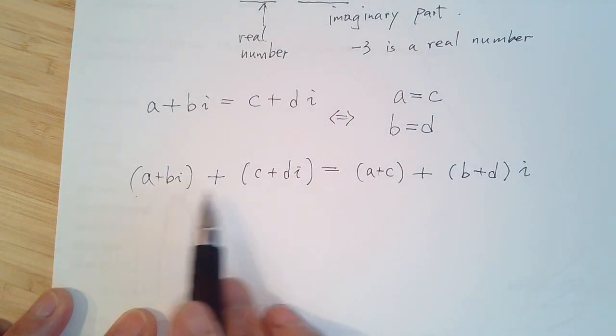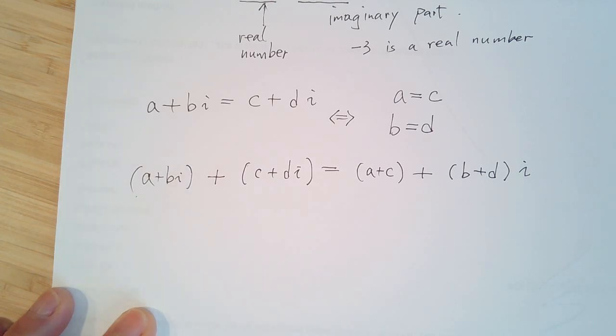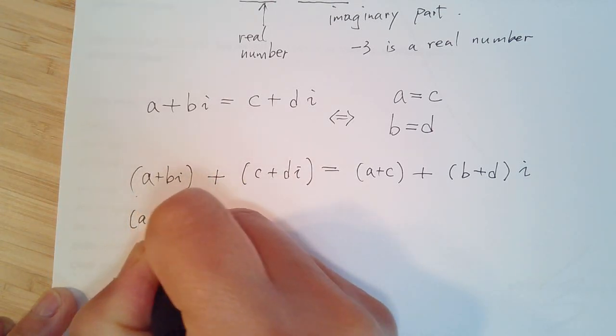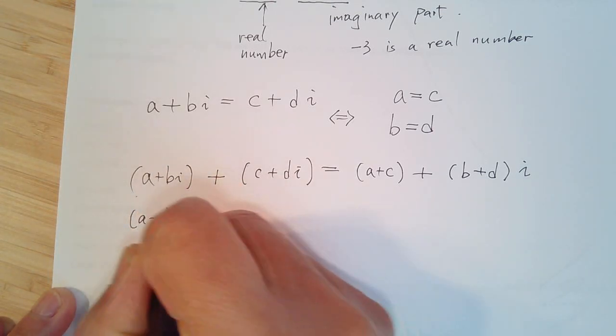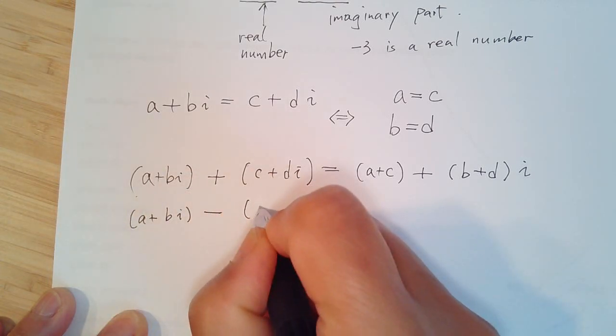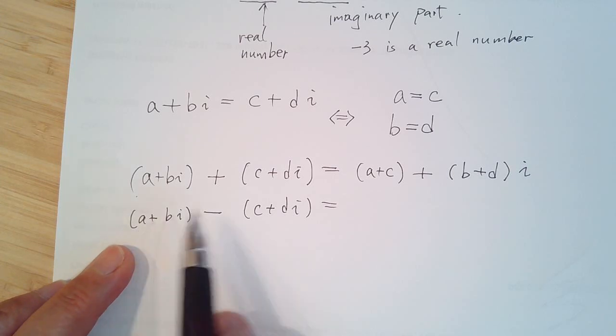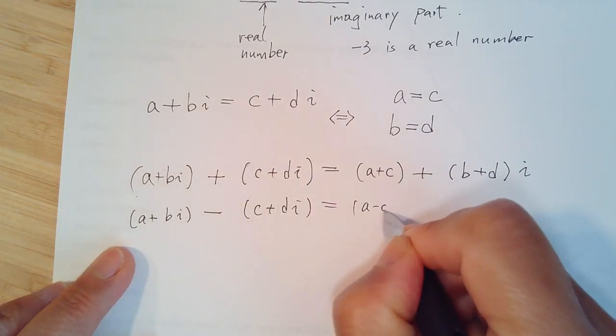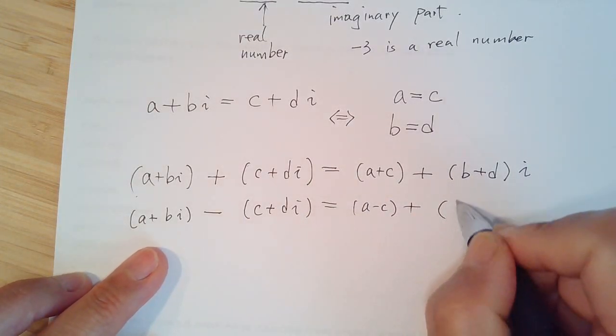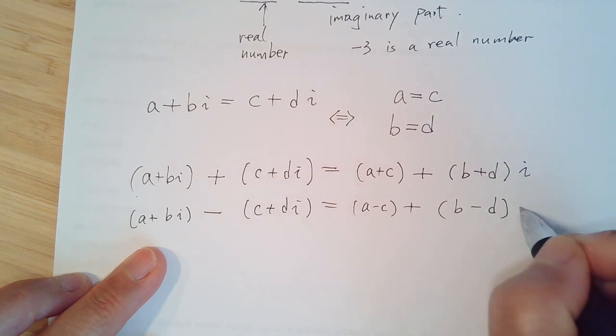So real plus real, imaginary plus imaginary. And if it's a plus bi minus another one, c plus di, then it's going to be a minus c plus b minus d i.